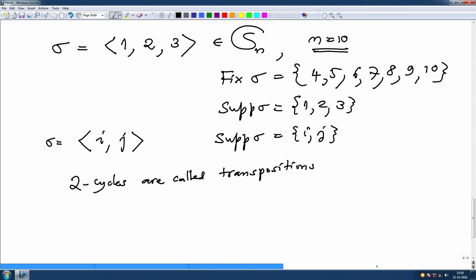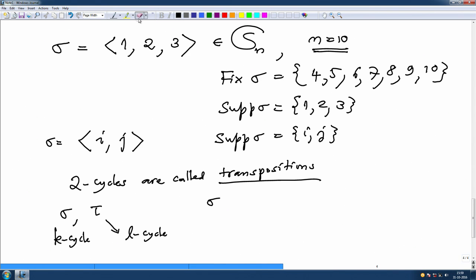Okay, and now our problem is to write every permutation as a product of cycles, and not only arbitrary cycles, but disjoint cycles. So, first let us recall a definition. If I have 2 cycles, sigma and tau, one is a k-cycle and the other is an l-cycle, we call them disjoint, or this definition works for any permutation.